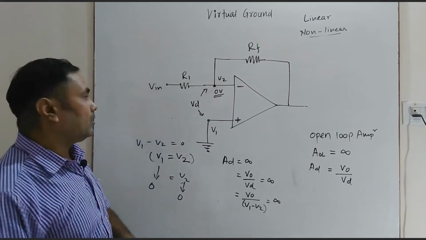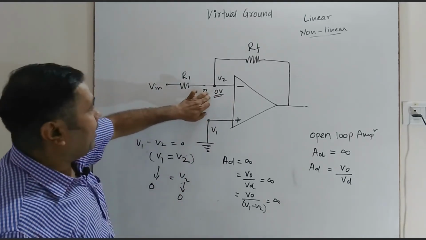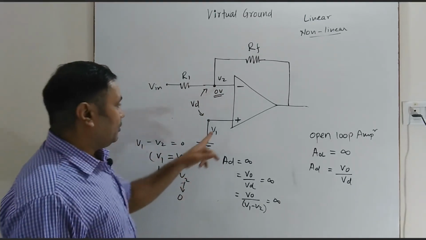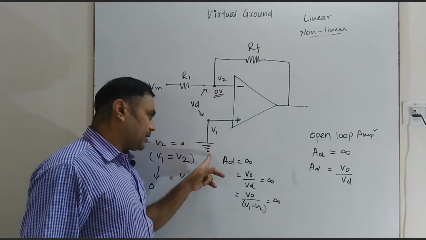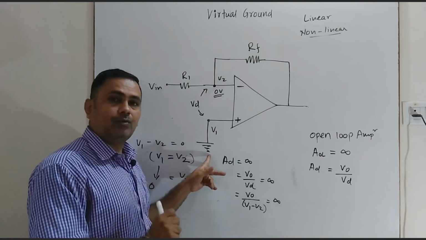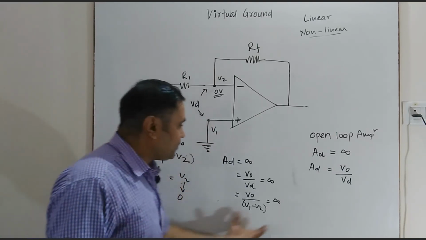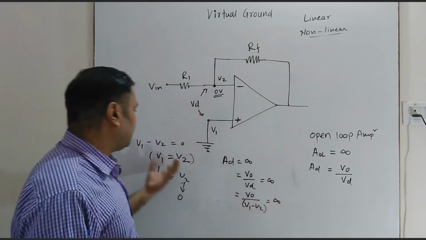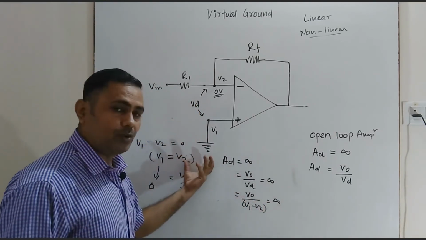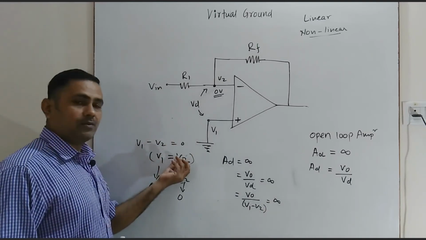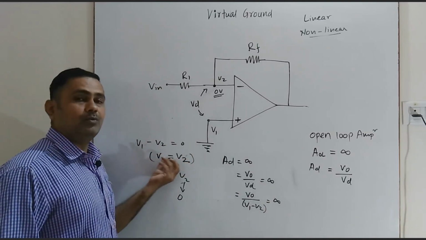This terminal we can call as being at virtual ground. Why virtual ground? You can see the other terminal is physically and directly connected to the ground, so obviously its voltage will be 0. But due to the gain being infinity, the voltage difference should be 0, and to achieve that, these two terminal voltages should be equal.